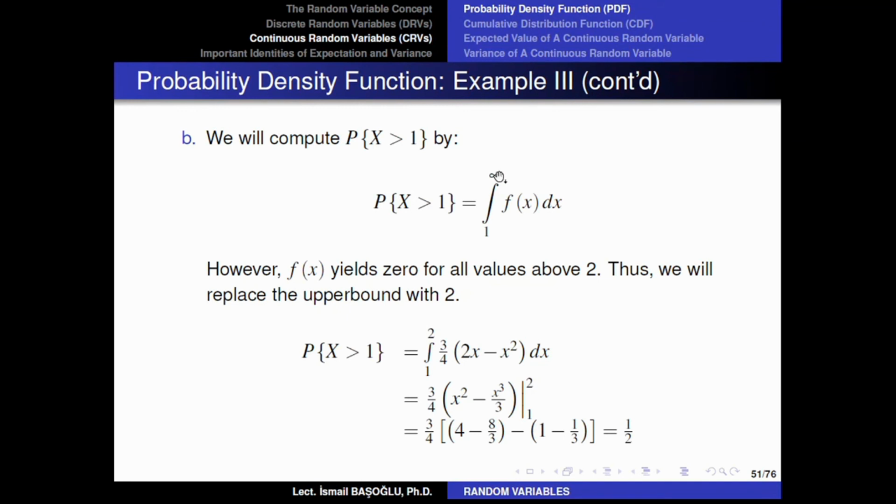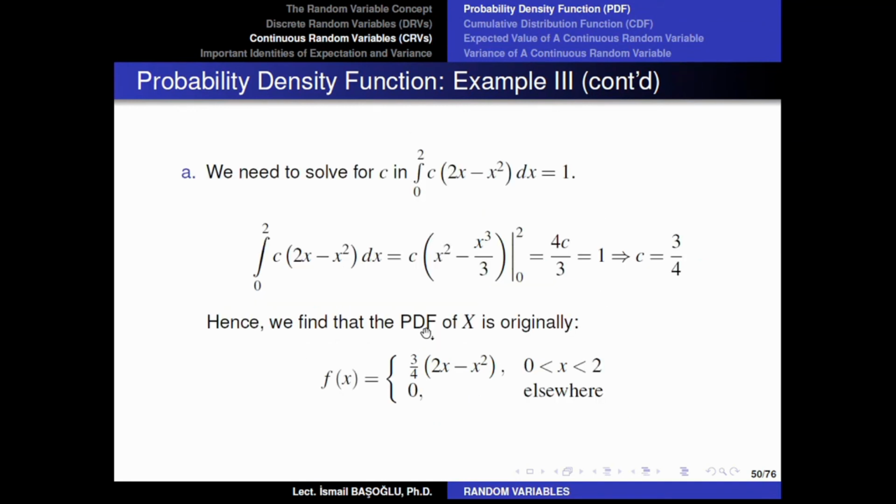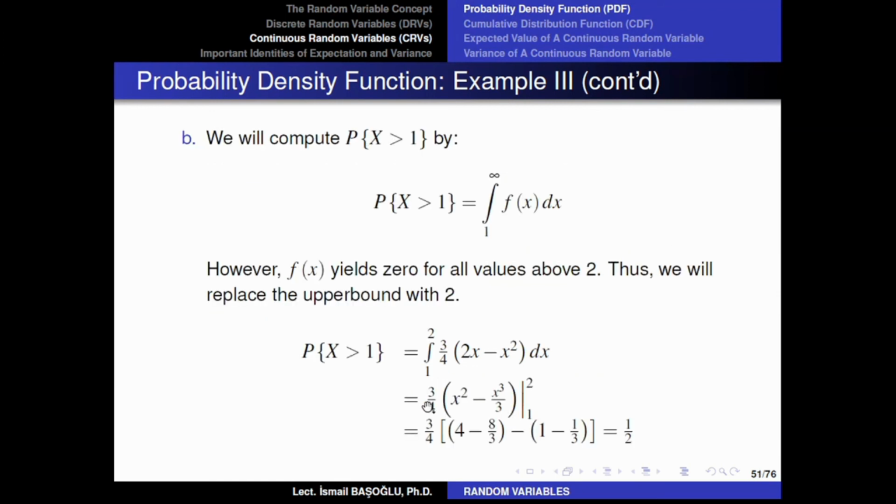However, remember, our function is this positive function between 0 and 2. Above 2, the function is 0. So there is no necessity to calculate this whole integral. All we need to calculate is the integral of the positive function between 1 and 2.